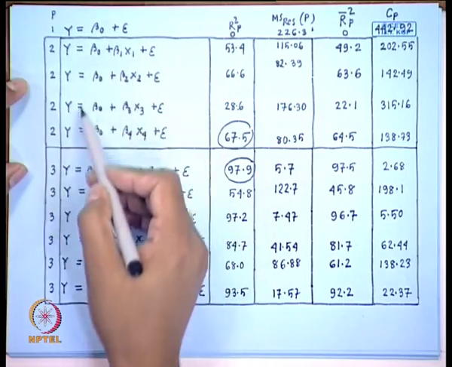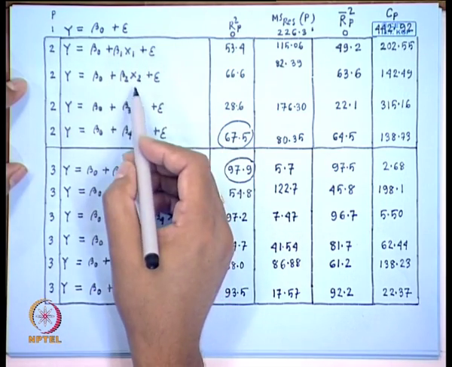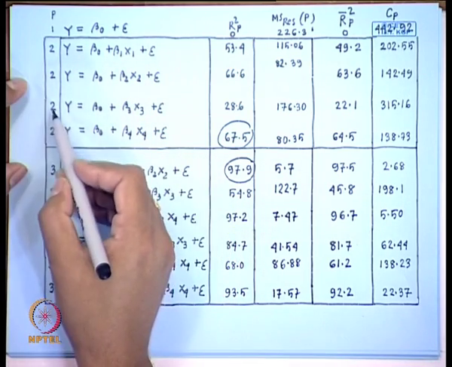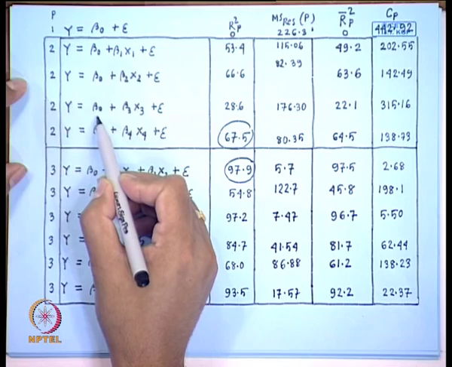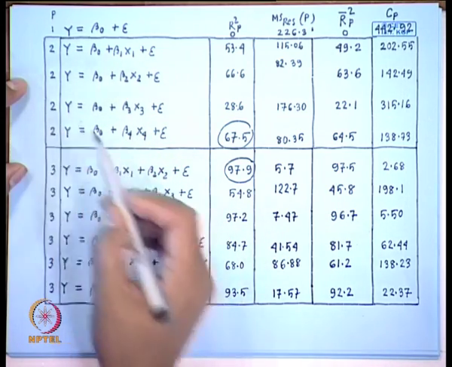Now, these are the models involving one regressor, called one-regressor models, and p equals 2, because the number of unknowns for these models is 2.